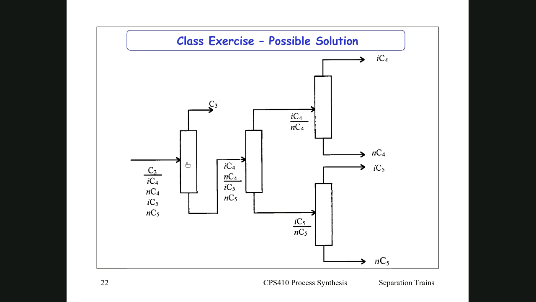So if you were to look at this separation solution, the sequence of separations shown here, you would have to work out the capital cost and the running cost of this column, plus the capital cost and running cost of all of the columns shown over here. And you can't directly compare capital cost and running cost.